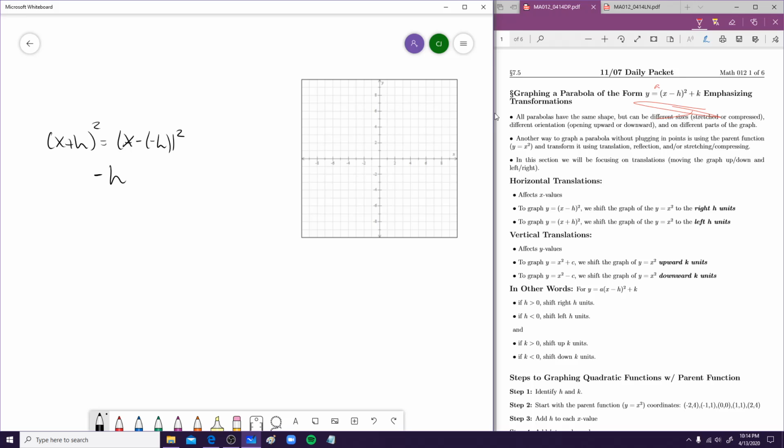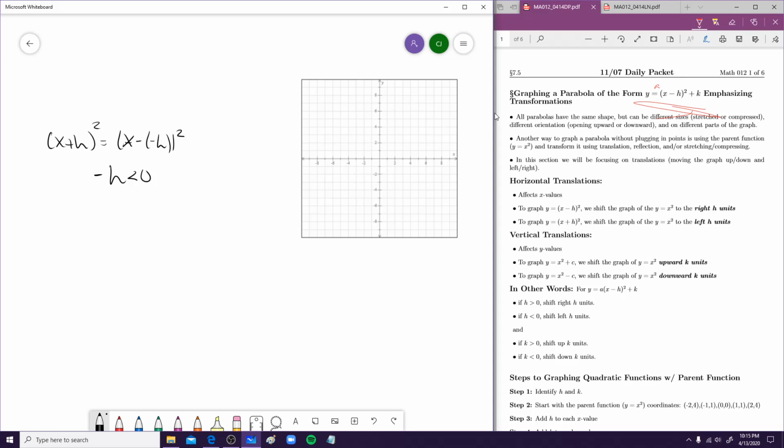It's negative h, so we know this is less than 0. So if it's less than 0, we're going to move the graph left h units, and if it's positive, so if it looks like x minus h, then we're going to shift the graph to the right h units.